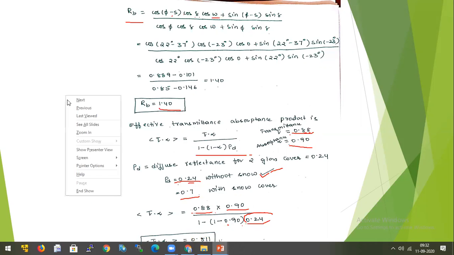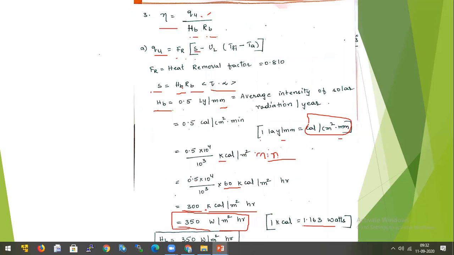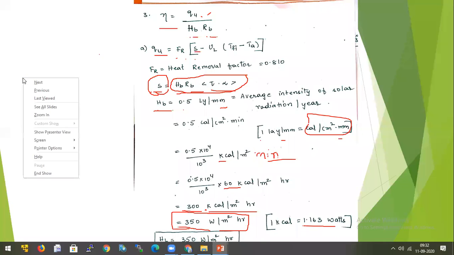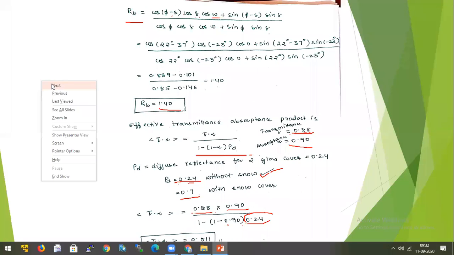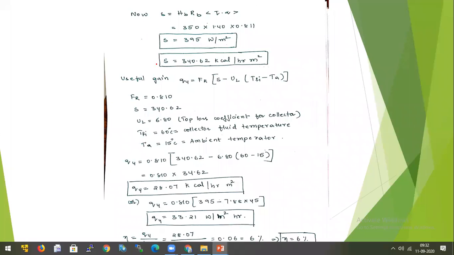Okay. So we got HB value, RB value and tau into alpha value. So if you substitute all these values in S equation, you will get the value of S. This is the S value. S is equal to HB, RB, tau into alpha.